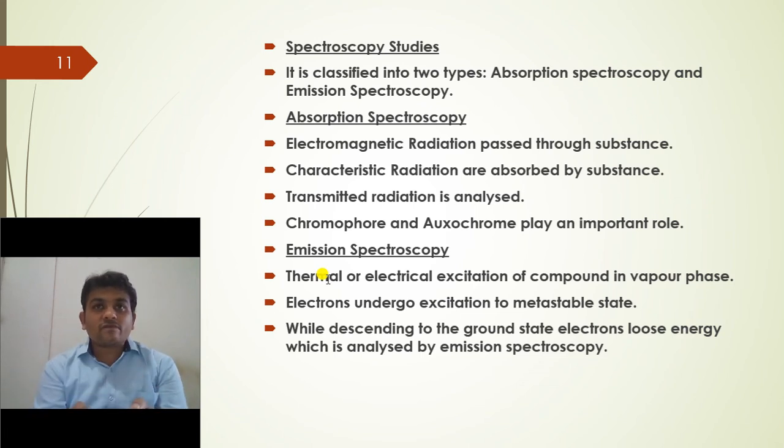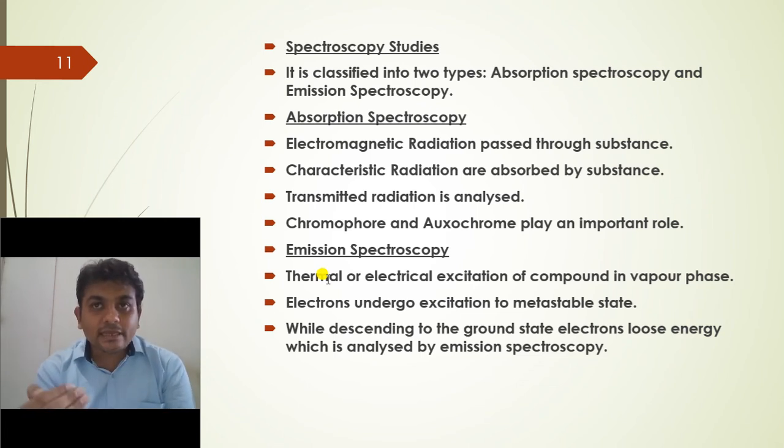This emission of the radiation is because of the excited electrons coming back from the metastable state to the ground state. This emission of the radiation is determined, and on the basis of that we analyze a particular compound. We will go through a detailed study of absorption spectroscopy and emission spectroscopy when we cover these classes as individual topics.